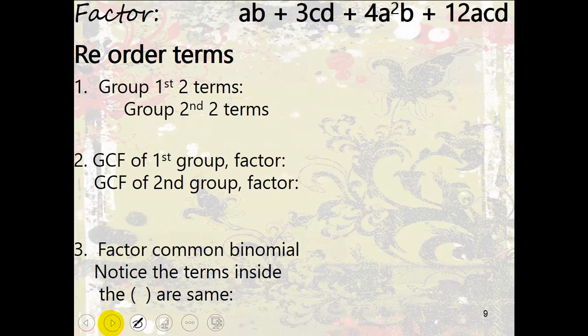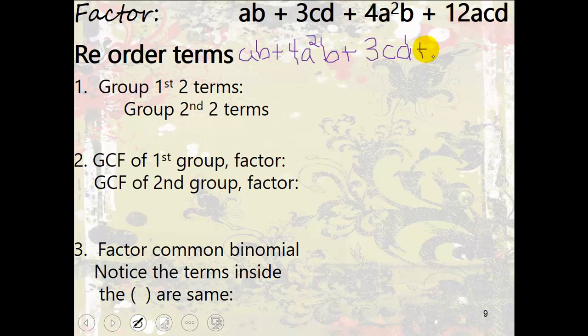I've gone through this and checked this, so I'm not going to use up video time doing it wrong the first time. This needs to be reordered as ab plus 4a squared b plus 3cd plus 12acd. Now I'm going to group these two terms and these two terms.